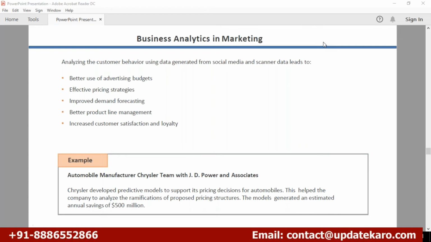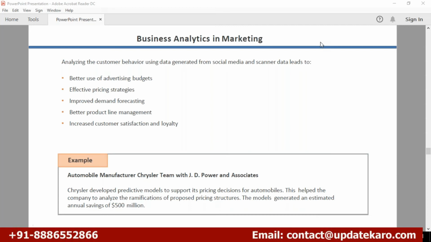Creating awareness for a particular product. Yeah, awareness is also okay, to some extent. But it is just advertising the product, right?